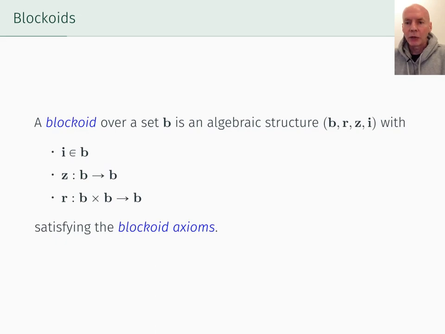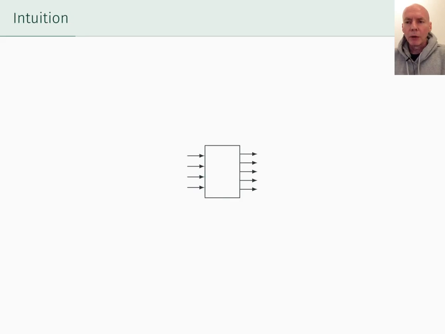And these must satisfy the blockoid axioms, about which I'll be saying more in a moment, but not before developing some intuition about them. When we think of a member of the set B of blocks in a blockoid, we should picture it as a box with some fixed number of inputs and outputs, shown here with the inputs on the left and the outputs on the right.